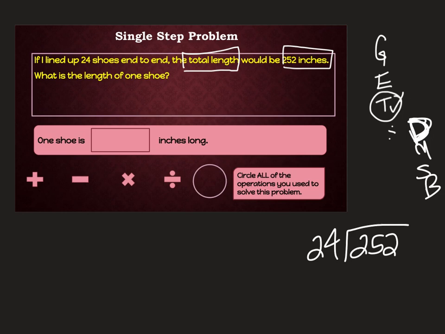I can start with my groups of 24, which would be my divide part. So 24. How many groups of 24 are in 2? 0. How many groups of 24 are in 25? That's easy. It's 1. So 1 times 24 is 24. And I can subtract. 25 minus 24 is 1. Bring down the 2.